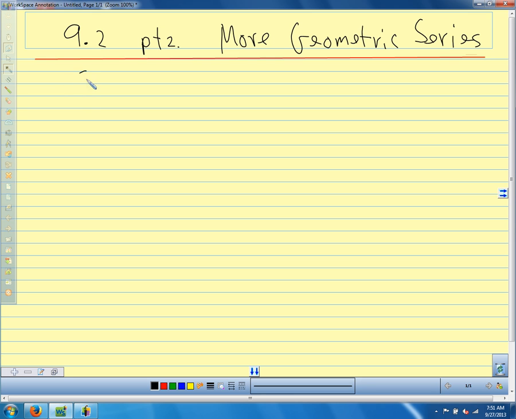For a geometric series, we have the sum n equals 0 to infinity of a r to the n. I'm going to write out the nth partial sum. S sub n equals a plus ar plus ar squared plus dot dot dot ar to the n. So there's my nth partial sum.